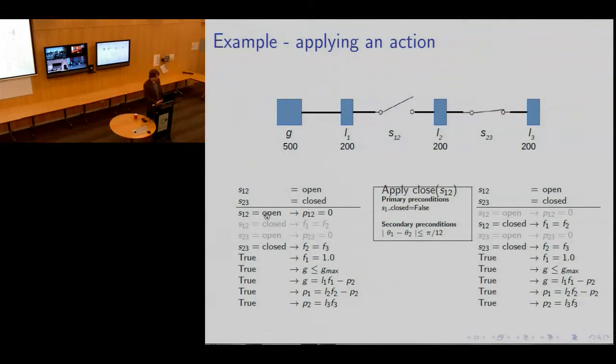Since there's nothing about phase angles in this active set, we say that this one is also satisfied. However, we also have to look at the resulting state. It would make this one closed, and it would make them both closed.